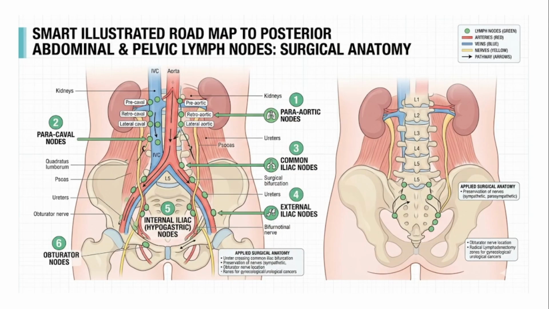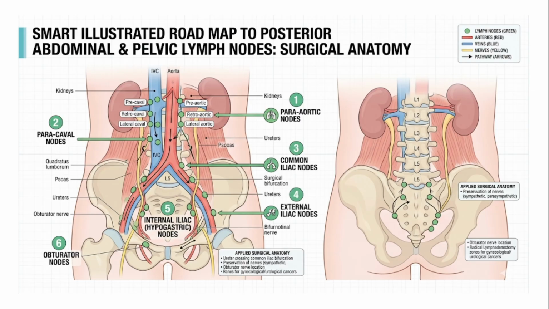So again, our map, now after our video, is more simple and clear. We can see the first group, the para-aortic nodes: pre-aortic, retroaortic, and lateral aortic, which drain the kidney, adrenal, and the testes or ovaries according to the gender, as we explained before.